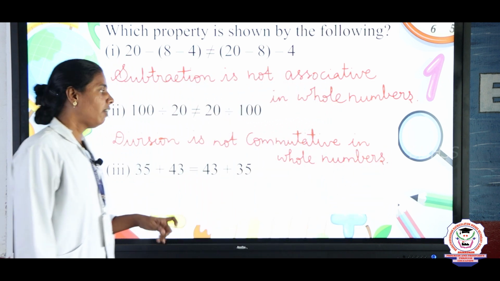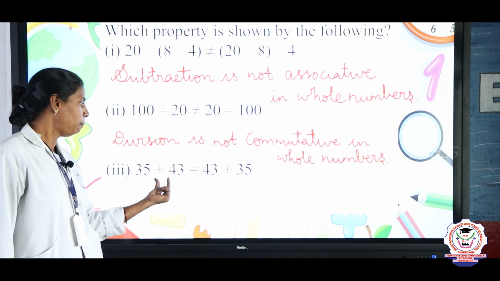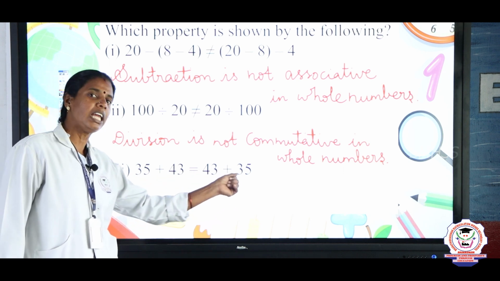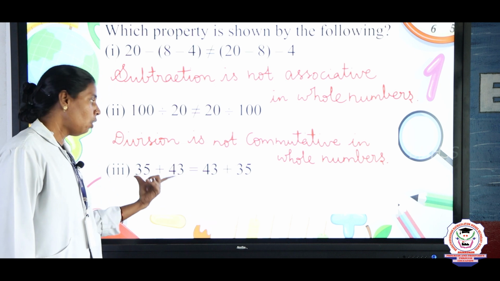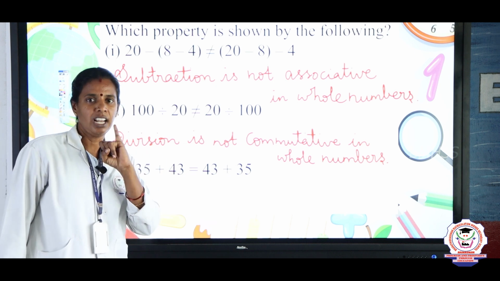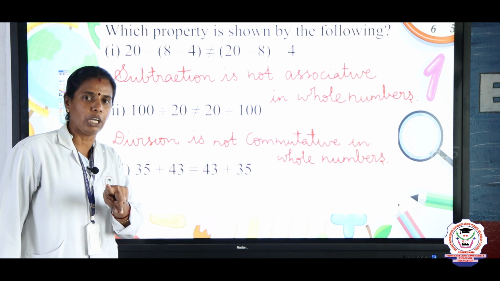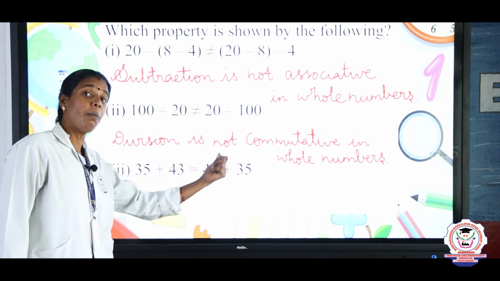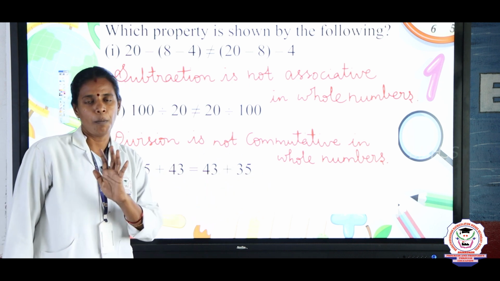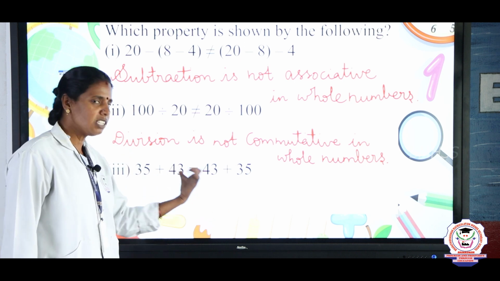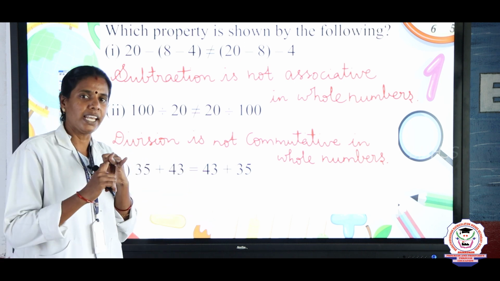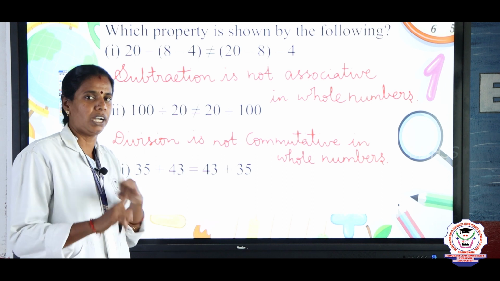Is it clear? Right. The next is 35 plus 43 equal to 43 plus 35. So here what operation is given? Addition. And what property is this? Closure or commutative? Here A plus B equal to B plus A, which is commutative. So whether it satisfies or not: addition and multiplication satisfy all three properties.